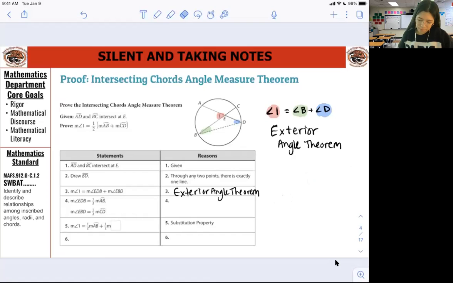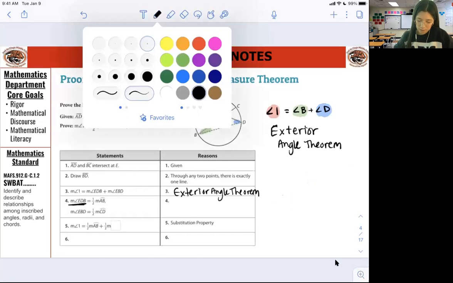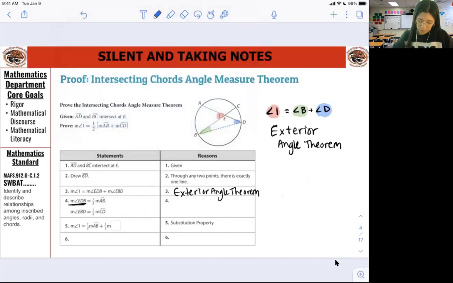Then what happens? Okay. Then they tell us that EDB is half of arc AB, and EBD is half of arc CD. So here's arc AB, and here's arc CD.